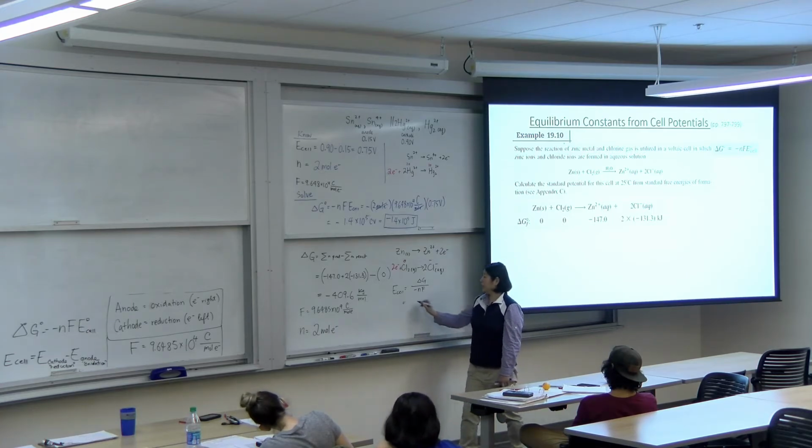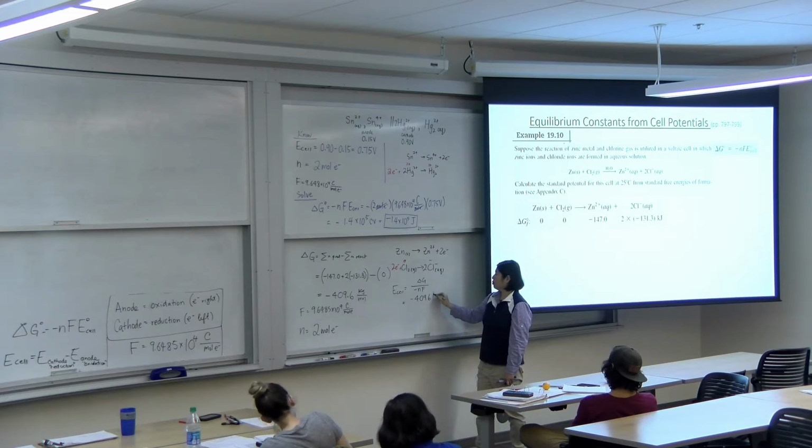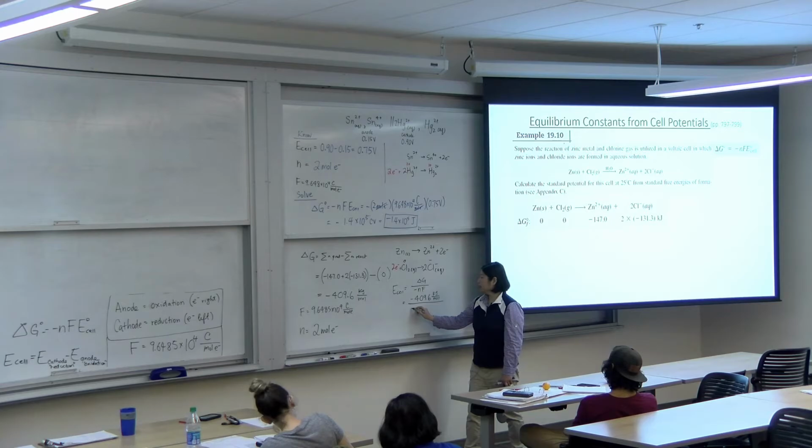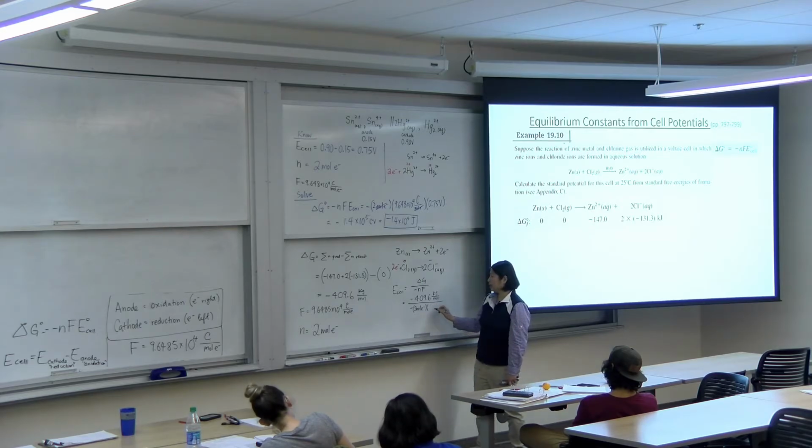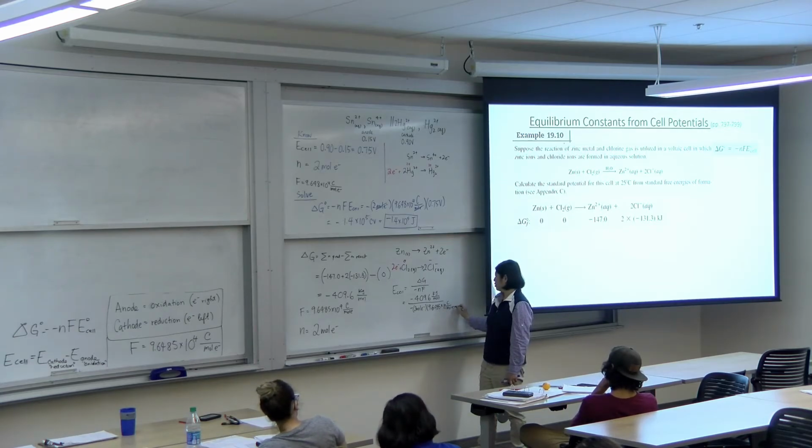I have delta G. I have N. And I have F. But Faraday's constant is in joules, right?